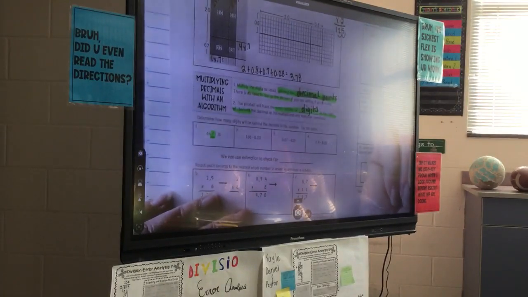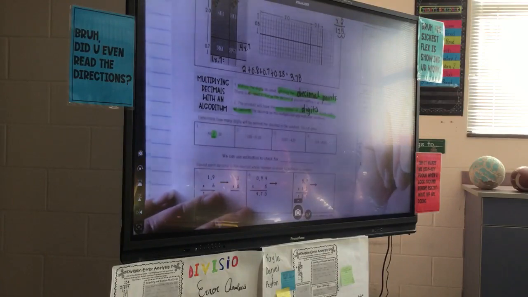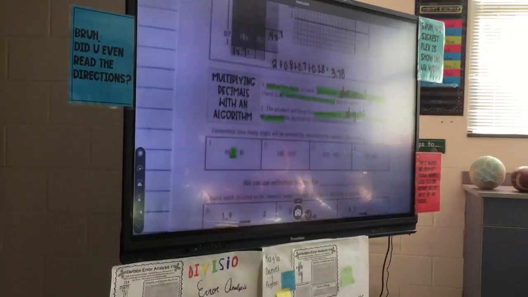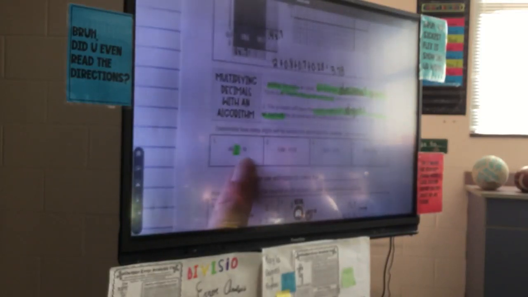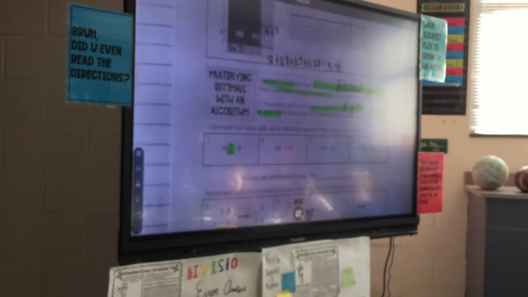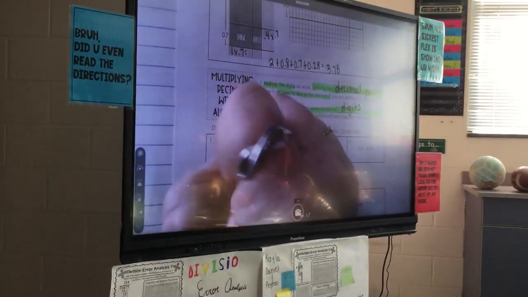No. How many did I highlight right there? Let me zoom in a little bit for you guys. So on this one, the first one, there's only one highlight in 46.7, right? So there's 1 decimal there. 16, are there any decimal place values to the right? No. So for that first one, it's just 1 digit.